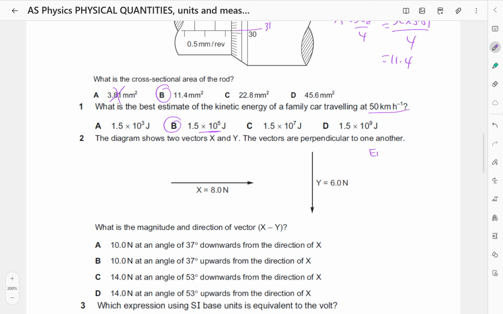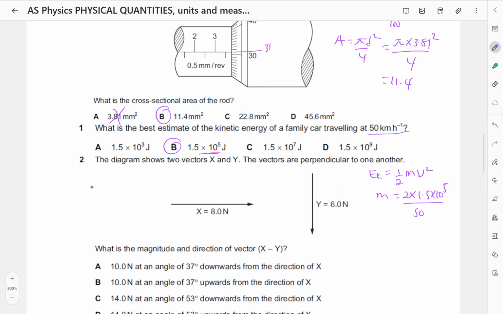So kinetic energy is equal to a half m v squared. So the mass is going to be 2 times the kinetic energy, which is 1.5 times 10 to the power 5, divided by the speed squared, which is 50. I have to change this to meters per second.